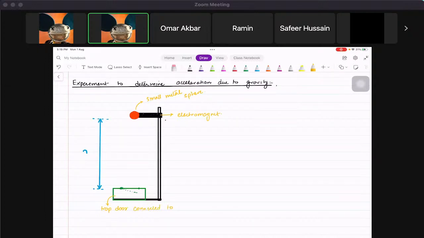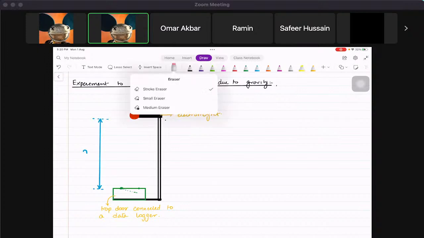connected to a data logger. So what it does is that when the object falls, this is the height h it falls.